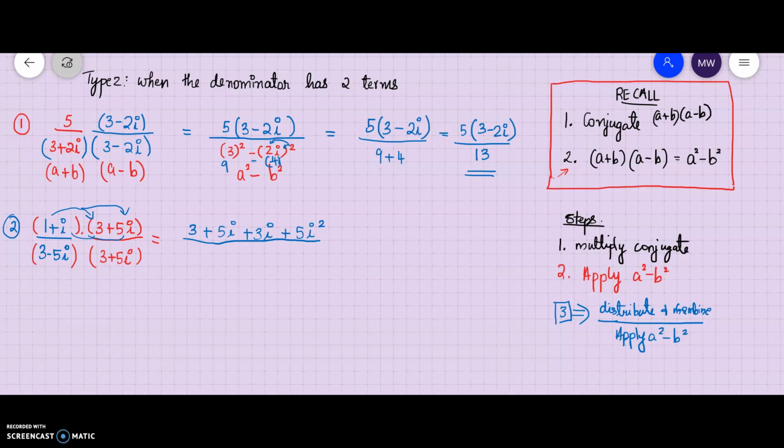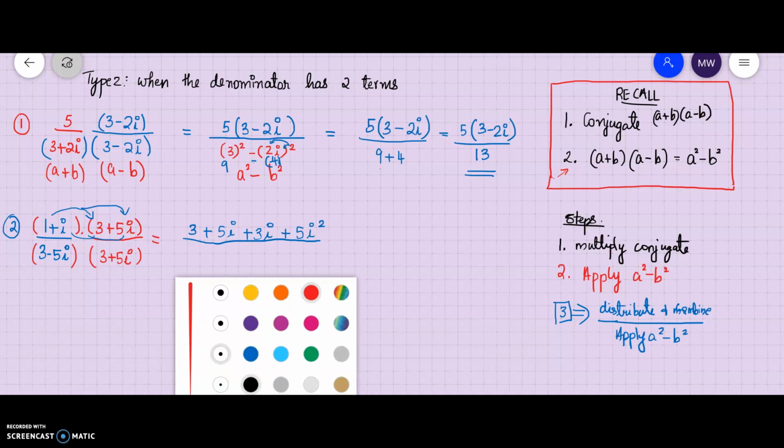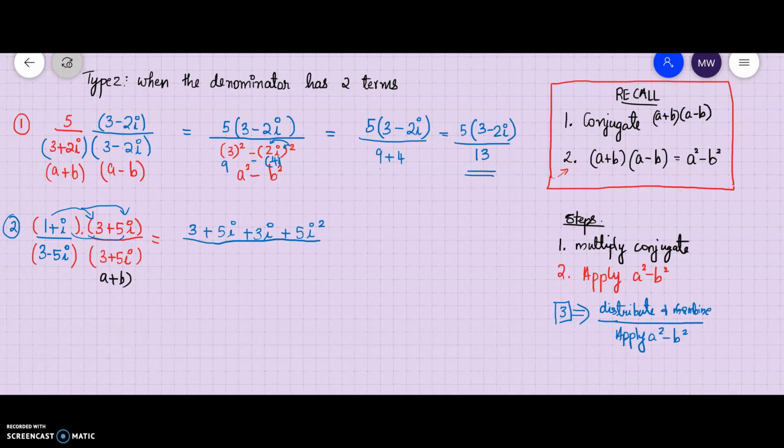Okay. In the denominator, we are going to apply a plus b and a minus b. So this is our a plus b on this side, and on the front is a minus b. It doesn't matter which order you write it in. As long as you have a plus b times a minus b, you can apply the identity a squared minus b squared.